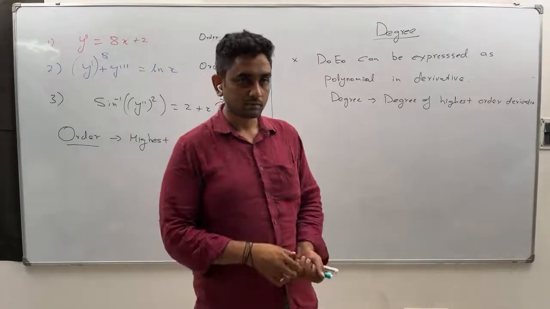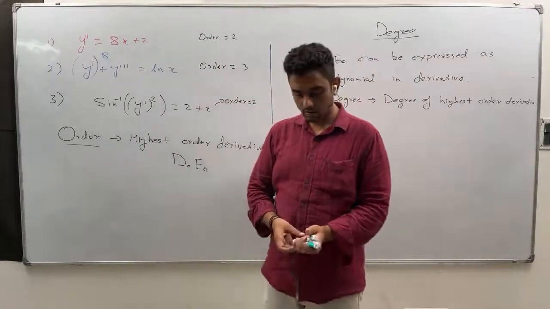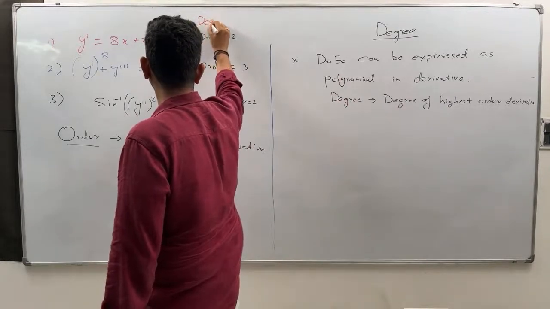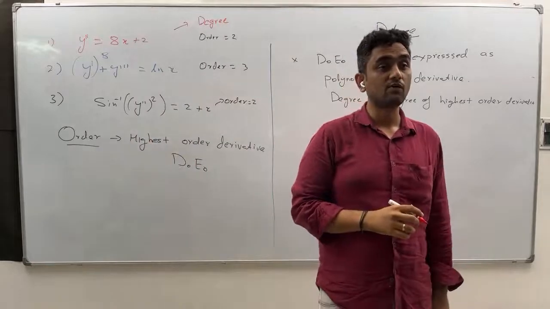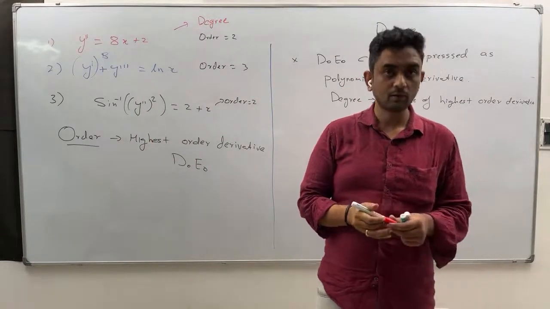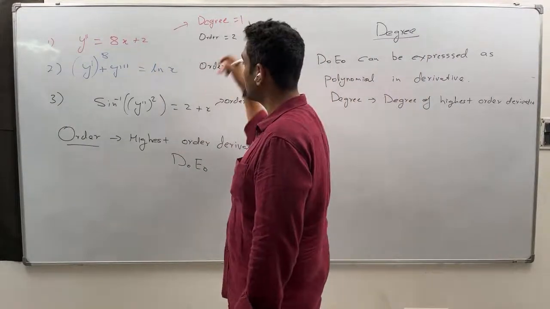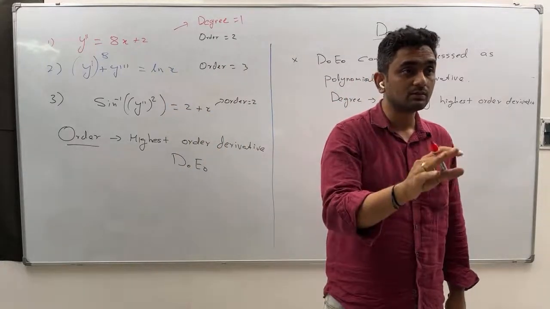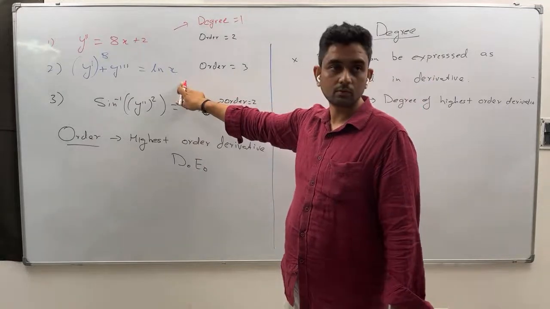For the first example, the degree is the degree of the highest order derivative, so degree will be 1, because it's a polynomial in derivative, not in constants or variables, only derivative.